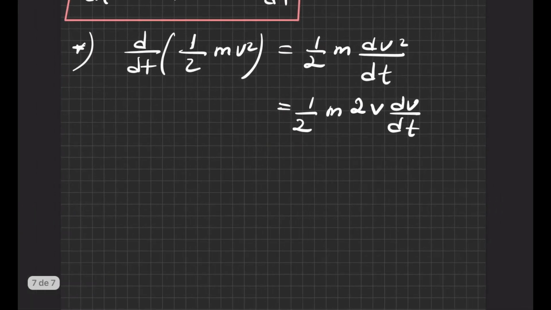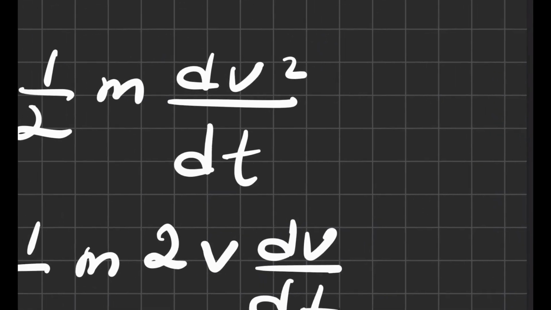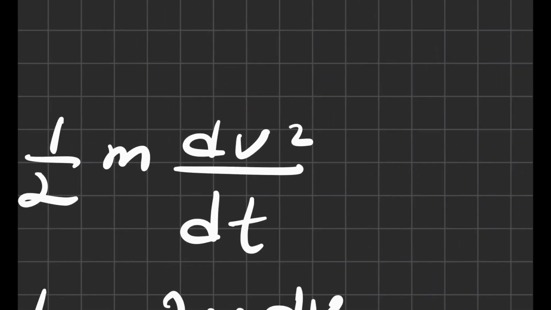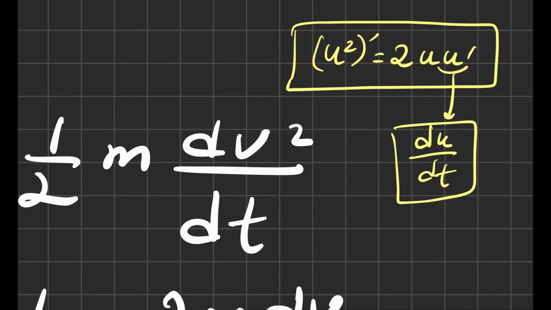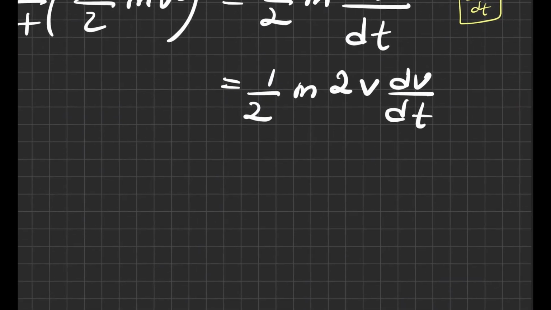And if you are familiar with the other notation, let me write it here, which is u squared prime is 2 u u prime. I think you're familiar with this more. Okay, this is what we are using here. When we say u prime, we mean du over dt.